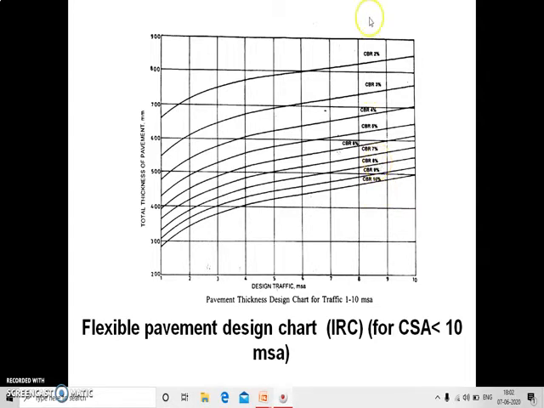Then 600, CBR value is 7%. 700 goes to CBR value 8%. And then 800 goes to CBR value 9%. 900 goes to CBR value 9%. The 1000 goes to CBR value 10%.